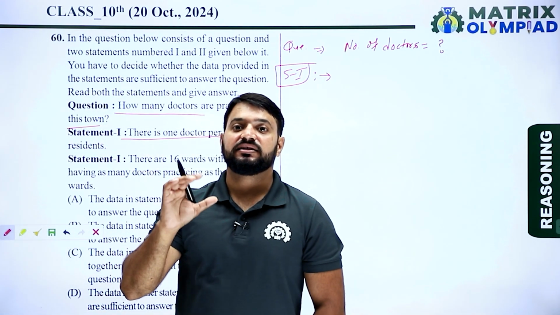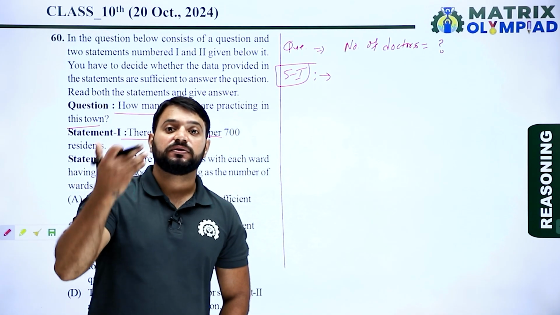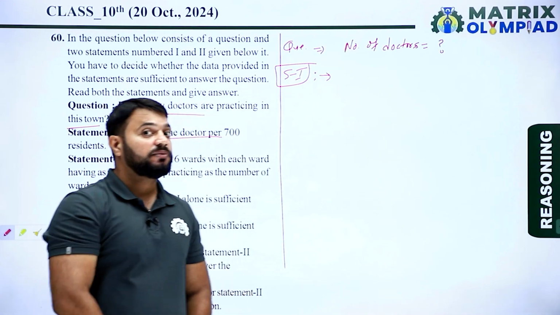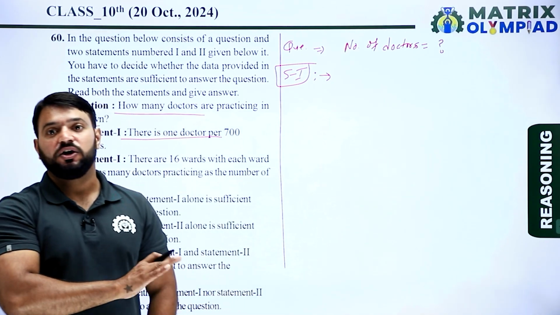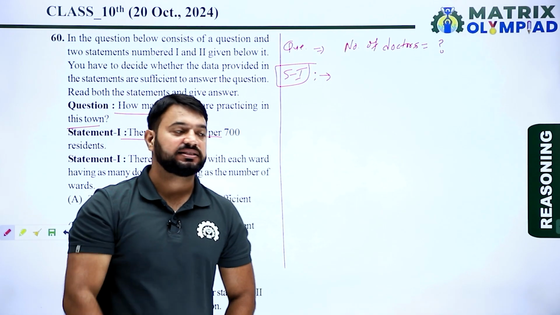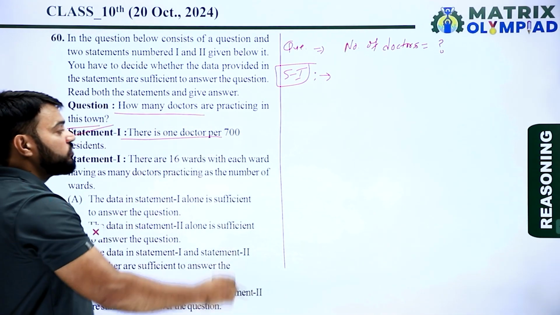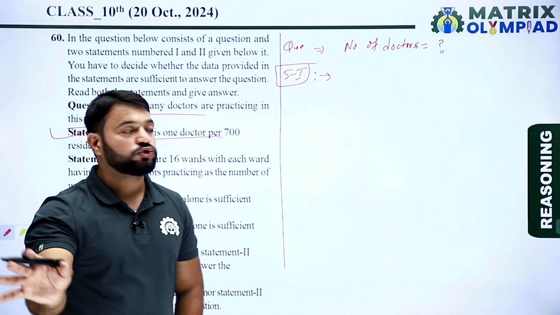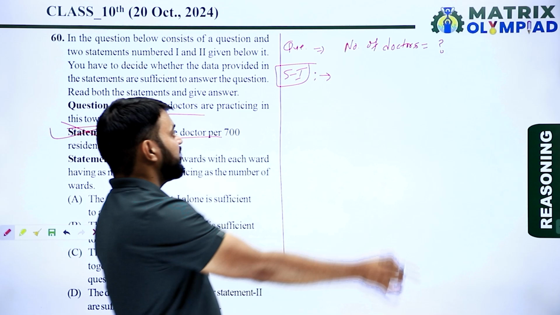Total 700 residents पर एक डॉक्टर होगा. बट नंबर ऑफ रेजिडेंट्स इज नॉट क्लियर फ्रॉम हेयर. यहाँ पे नंबर ऑफ रेजिडेंट्स कितने हैं टोटल इस टाउन के अंदर वो क्लियर नहीं है. सो नंबर ऑफ डॉक्टर्स आप इसमें फाइंड नहीं कर सकते. So here statement first alone is not sufficient to answer the question.